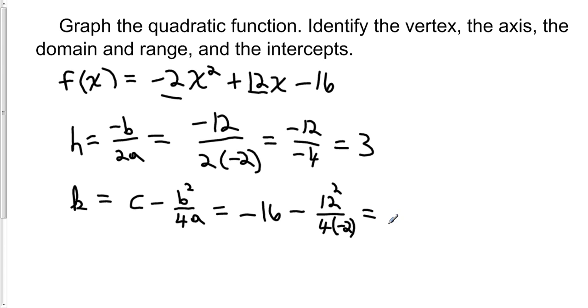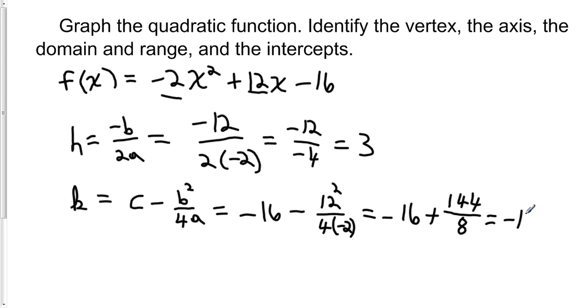This is equal to negative 16 plus, because 4 times negative 2 is negative 8, 144 over 8. 144 over 8 is 18.